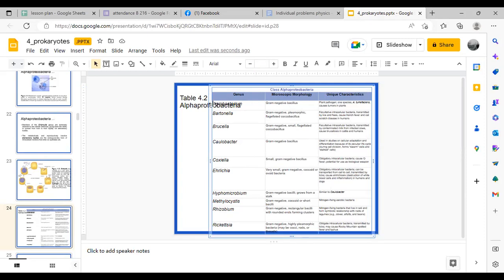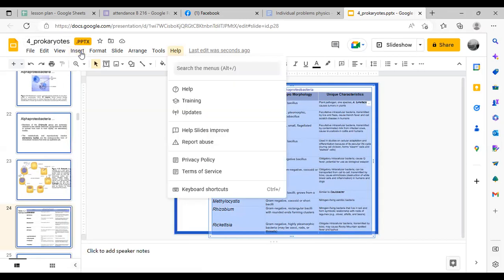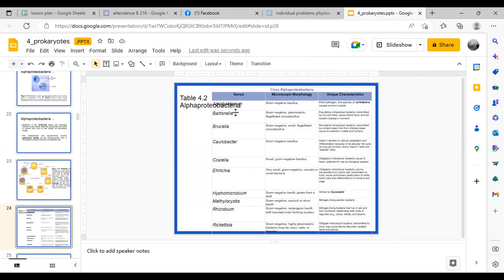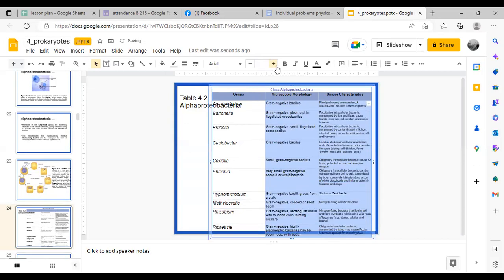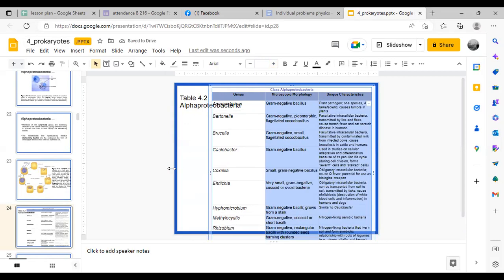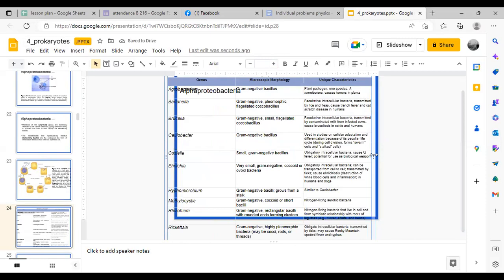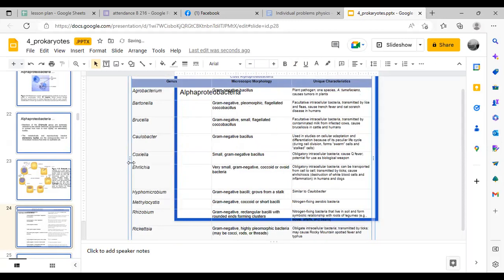Let me try to enlarge the font. What size is this? Okay, so okay, let's go back.